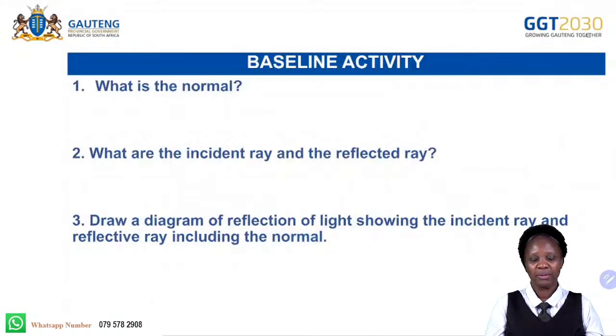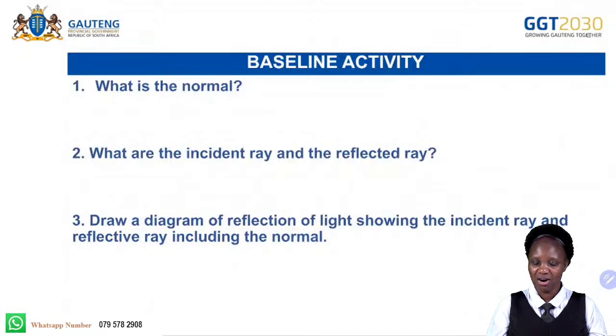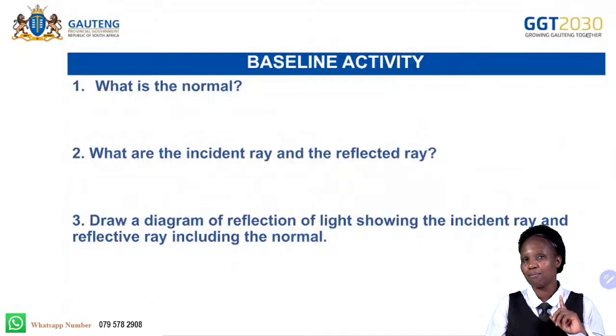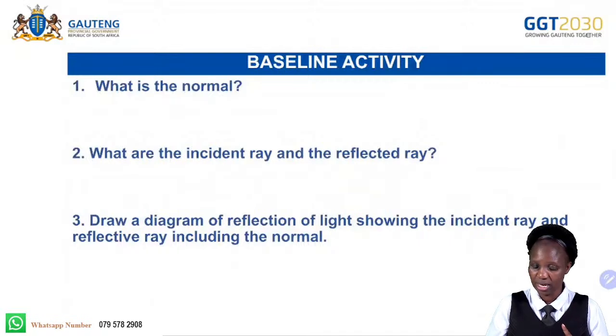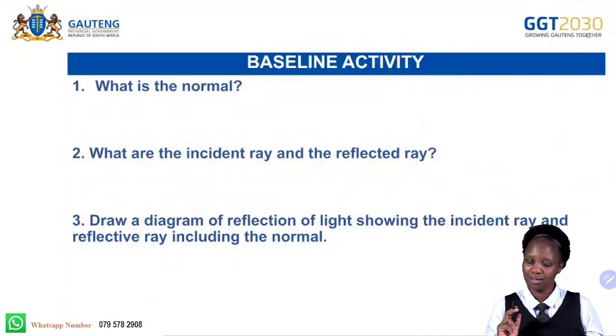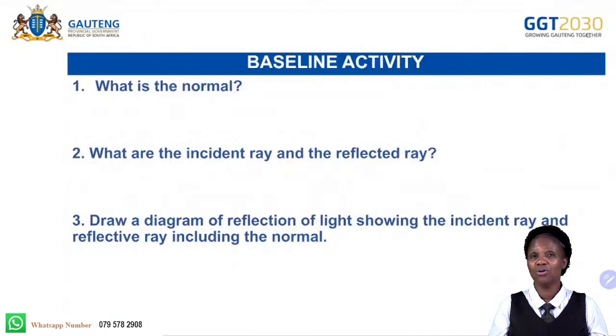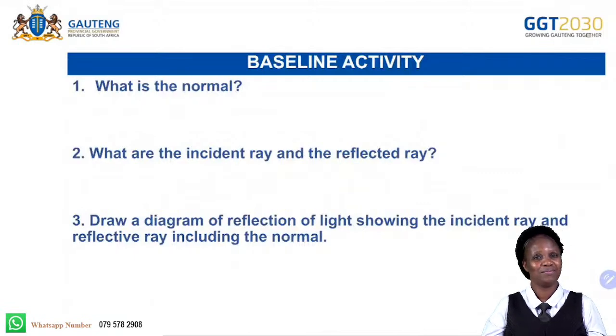Let's check the questions together. Question 1: What is the normal? Question 2: What are the incident ray and the reflected ray? Question 3: Draw a diagram of reflection of light showing the incident ray and reflected ray, including the normal. I'll give you 4 minutes to write the baseline activity. Let's start writing.